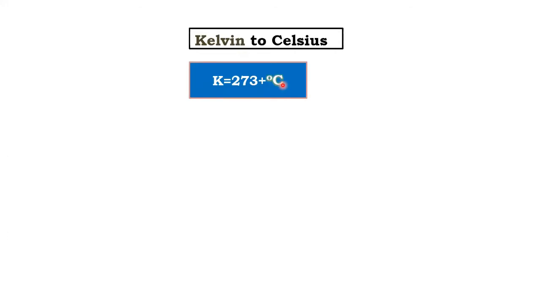Okay, so this is how it is represented in your textbook. But if you want to be very precise, आपको एकदम accurate रहना है, so I'll give you another formula. That's a very accurate formula. The formula is K is equal to 273.15 plus degree Celsius.